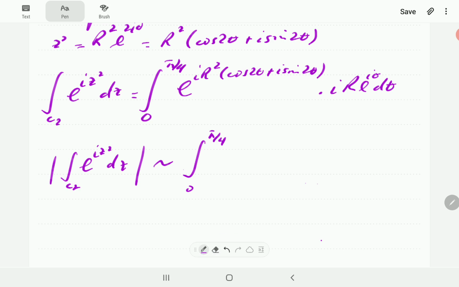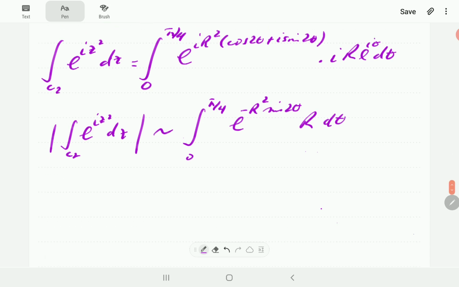The magnitude of e to the i something, where that something is real, is 1. The magnitude of R is just R. And then here the magnitude of e to the i R squared is going to be 1, but i times i here works out to -1, so that's going to be the only term that remains from that e term, and then we're going to have R d theta there.